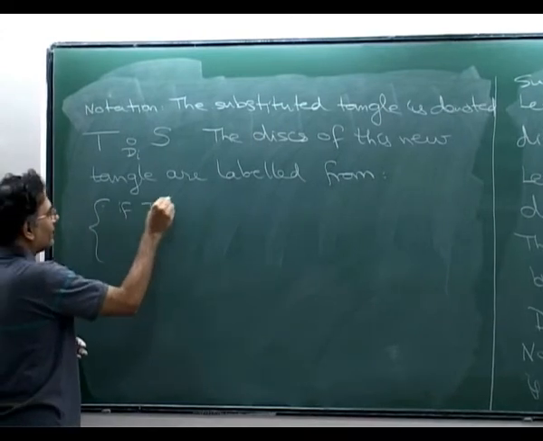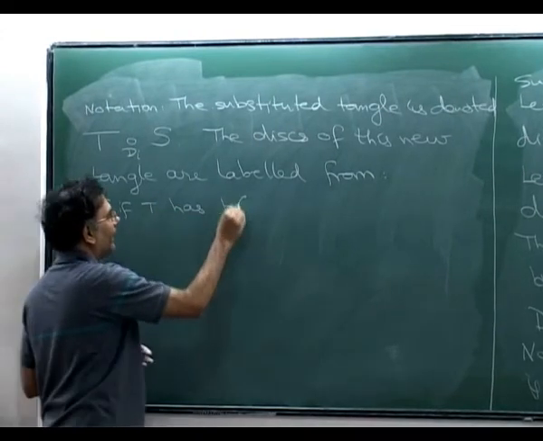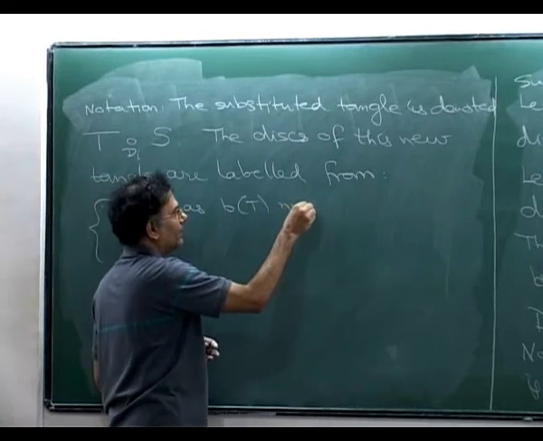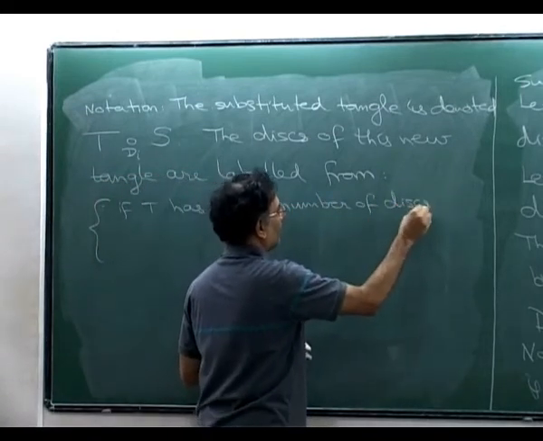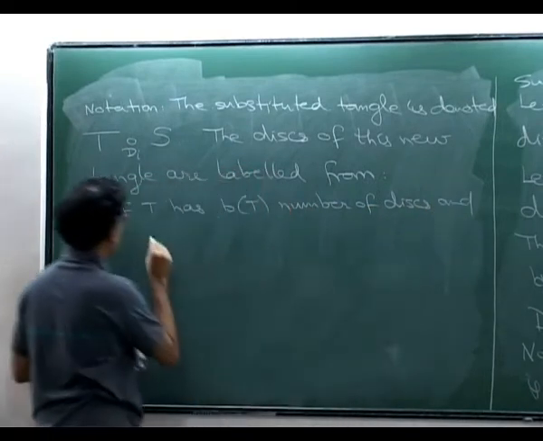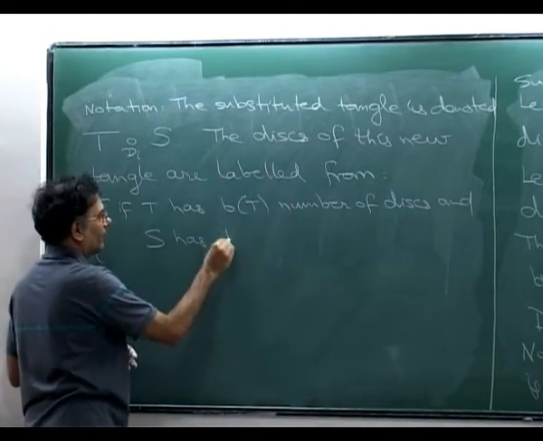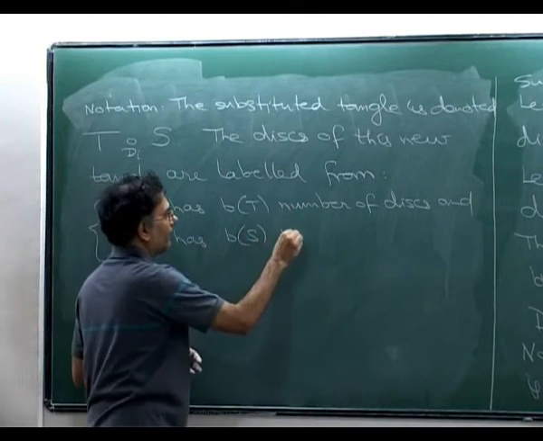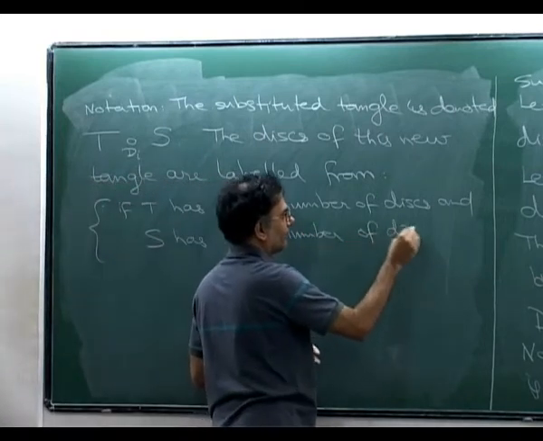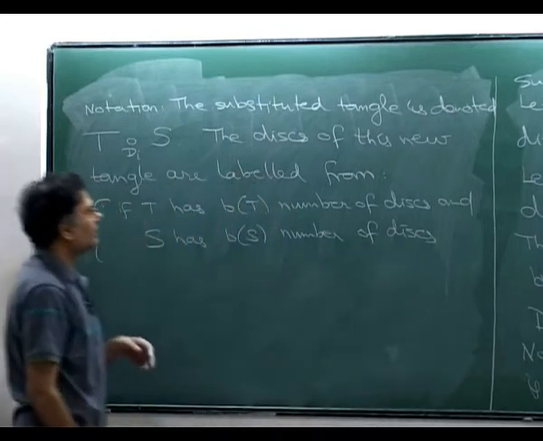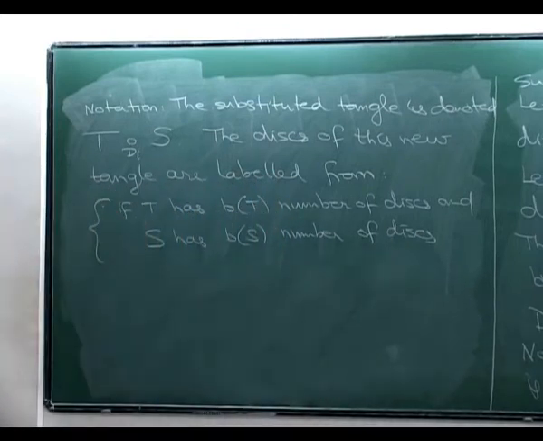If T has B of T internal disks, and S has B of S internal disks, then how many will this new one have?